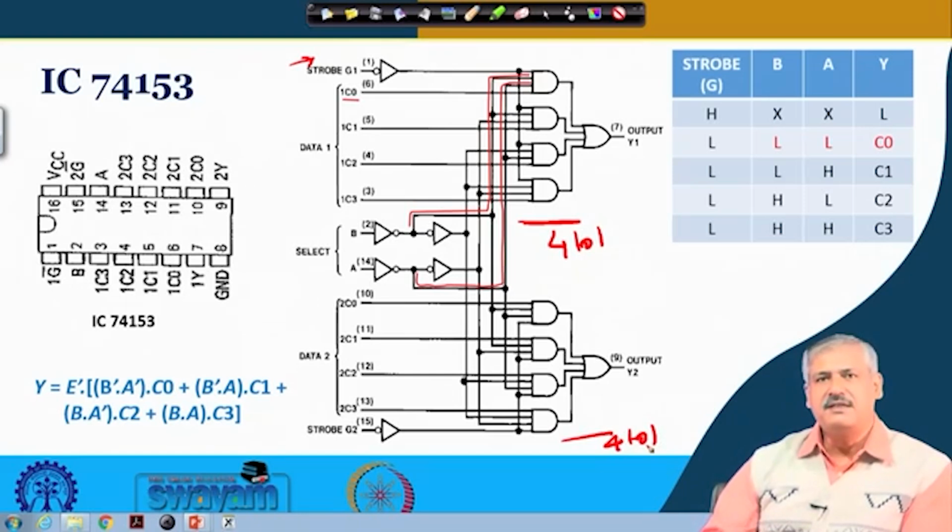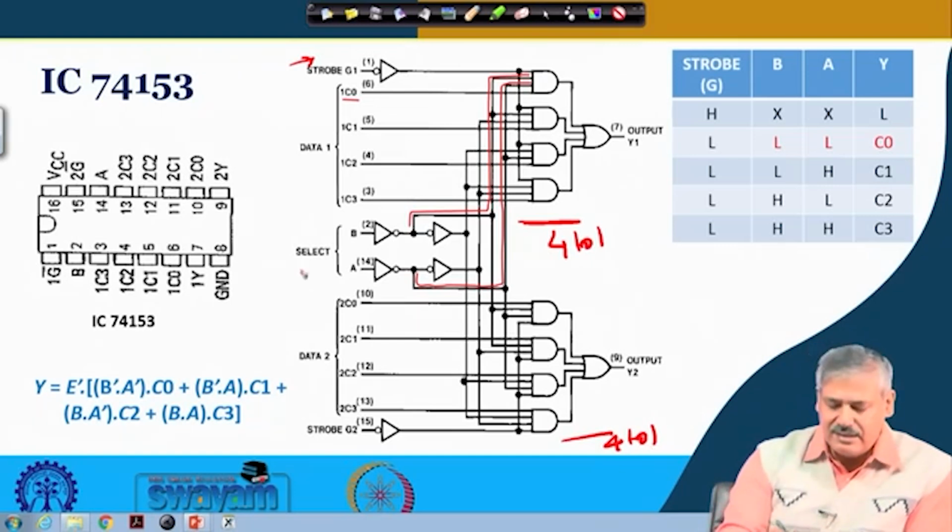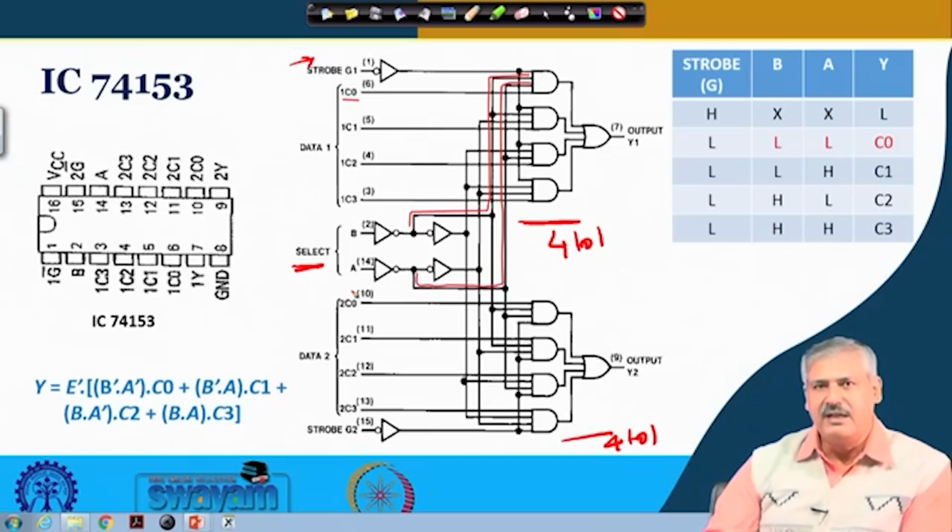So, basically this is a dual, that means two 4-to-1 multiplexers are there. The other thing that we can see is that the select input B and A is common for both the units, this multiplexer and this multiplexer.